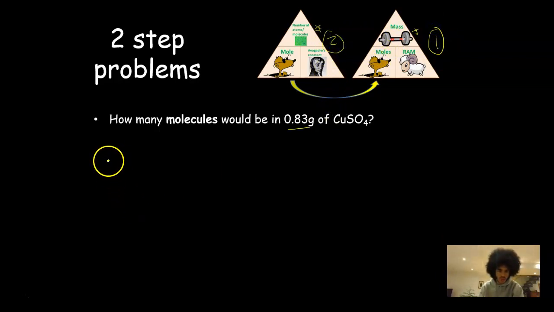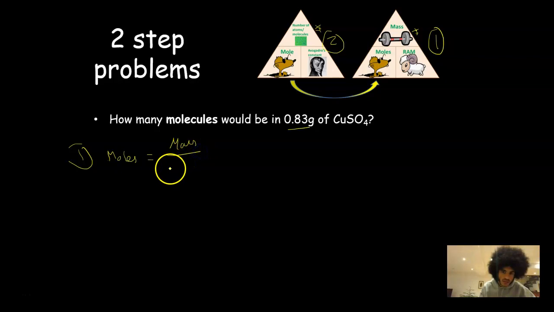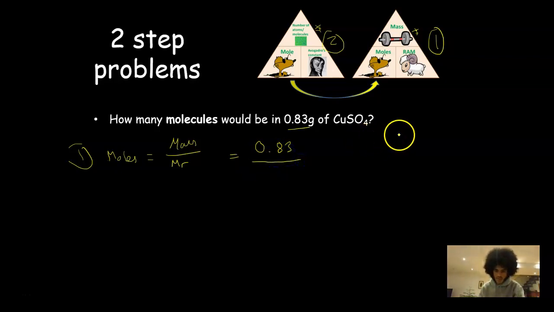So I need to work out moles. This is for number one. So moles equals mass divided by the MR. Now the mass here is 0.83 and the MR is whatever copper sulfate is, which is quite a big one actually.